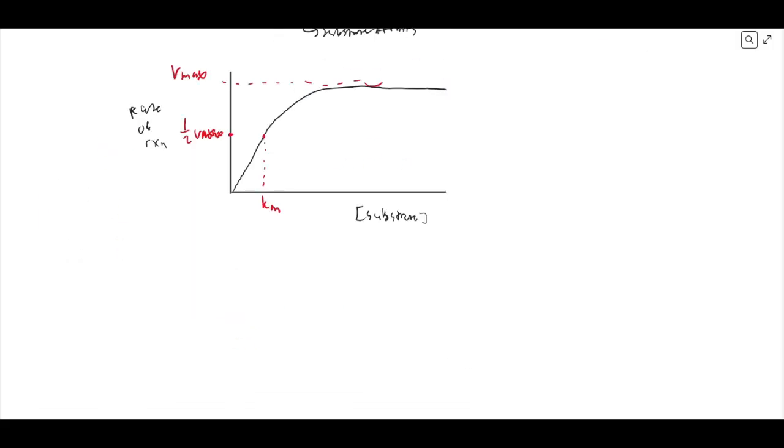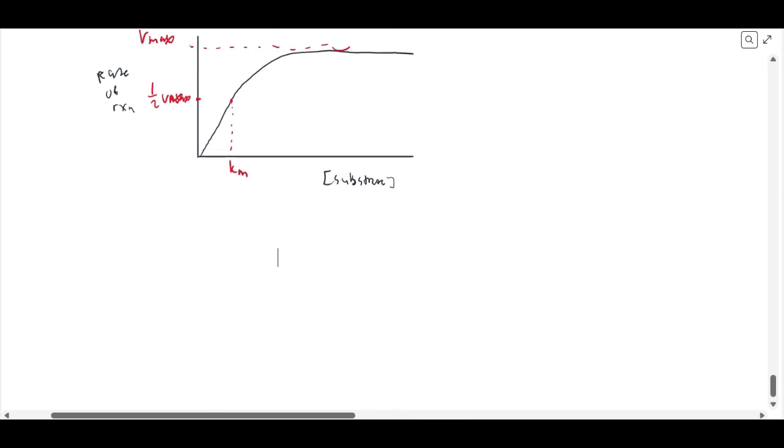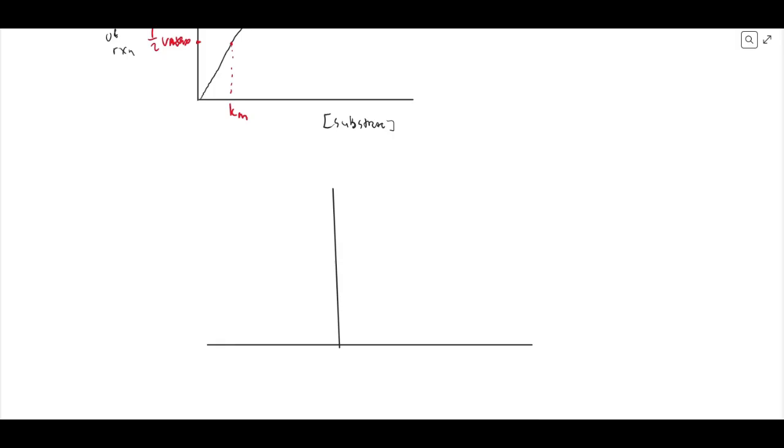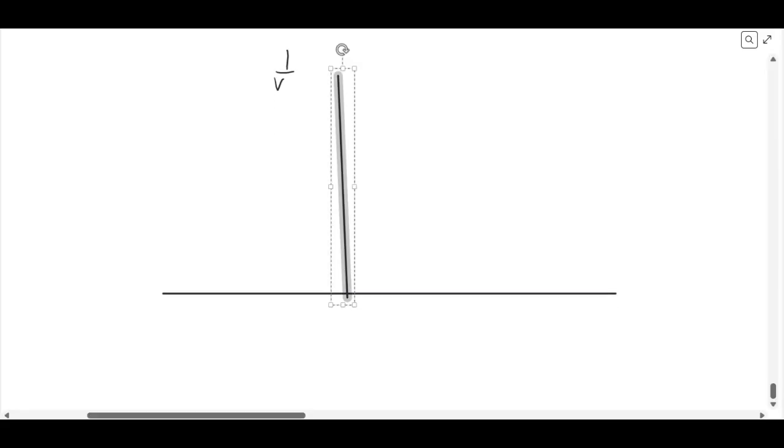There's another way you could graph this, which is just taking the reciprocal of both the y and x direction. So this is typically just known as the Lineweaver-Burk. And so our y-axis here now is 1 over our velocity, and our x is 1 over the substrate concentration.